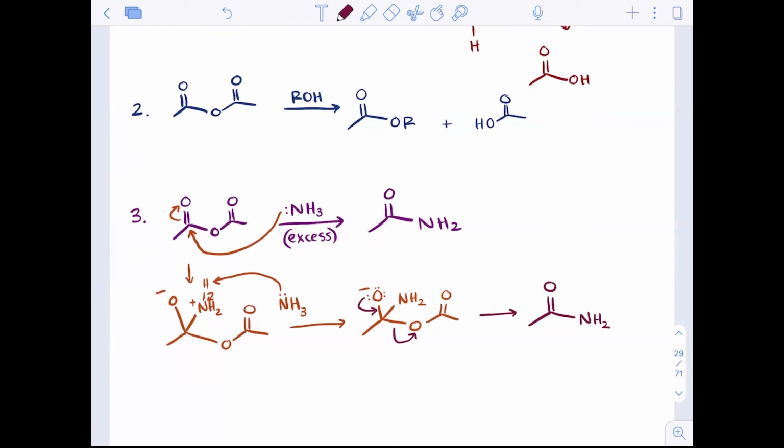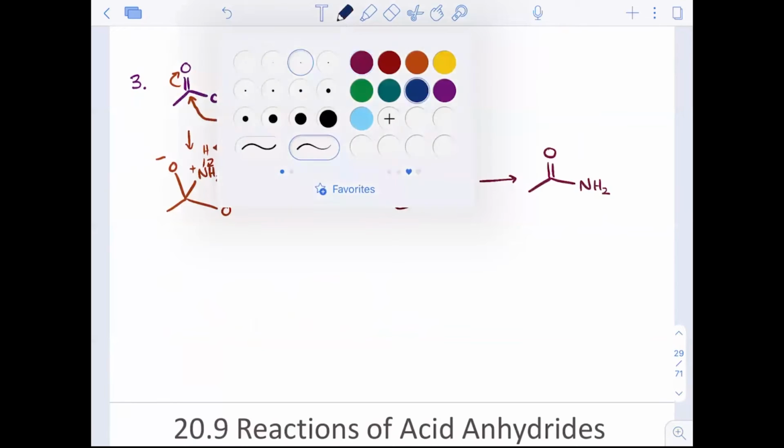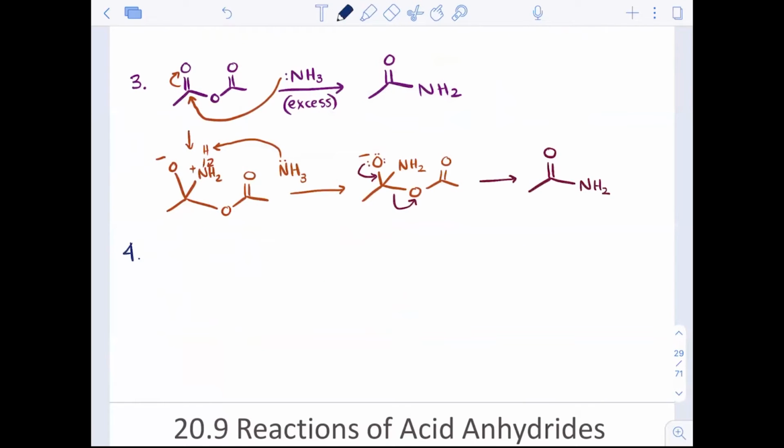Excellent. Now, again, we can use lithium aluminum hydride to react with an anhydride, and that would react the exact same way as an ester. So I'm just going to write that reaction here. And again, you can use a mild version to stop at the aldehyde. If you use lithium aluminum hydride, you are going to get two equivalents of hydrogen added, and therefore you will get the primary alcohol.